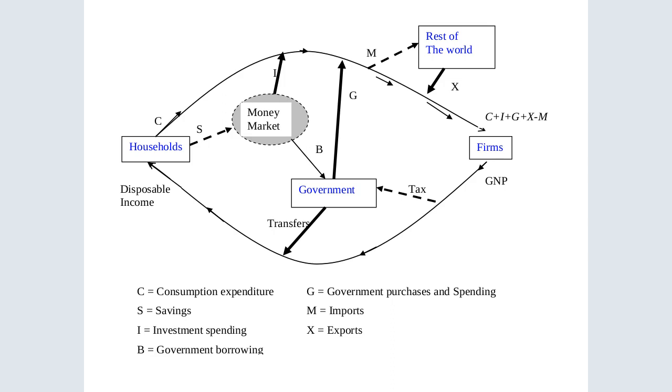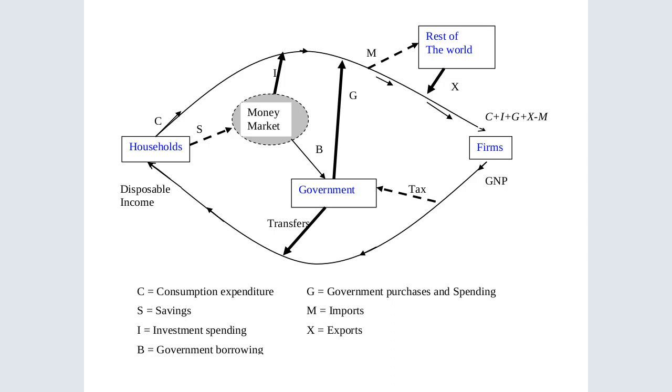Now we have the government. Part of the income that is earned from firms is paid as taxes to the government. So the firms pay taxes, and of course before the household gets the disposable income, they should have paid taxes to the government.